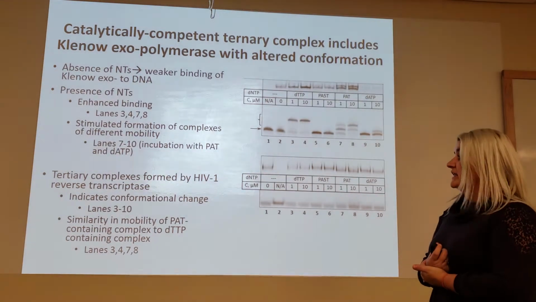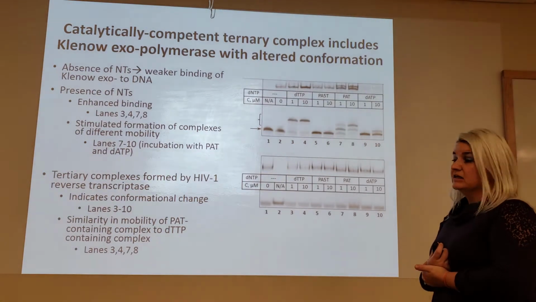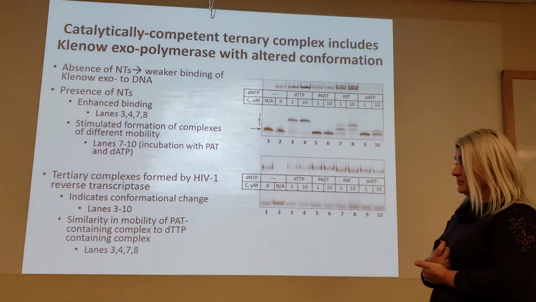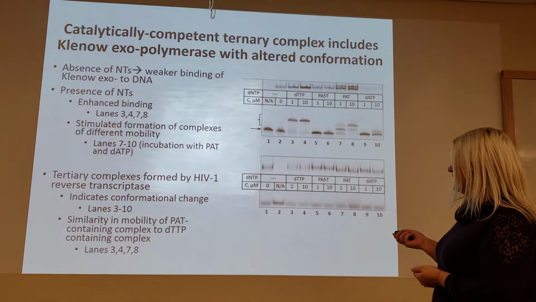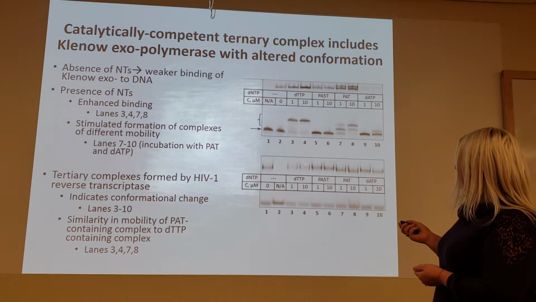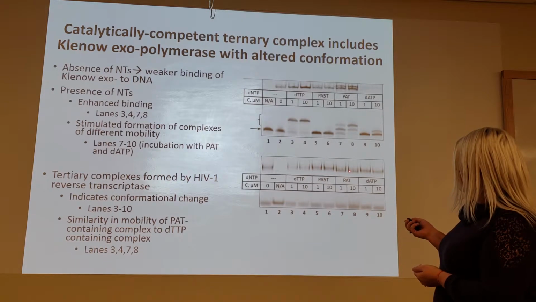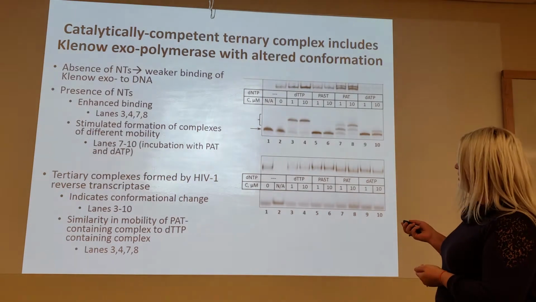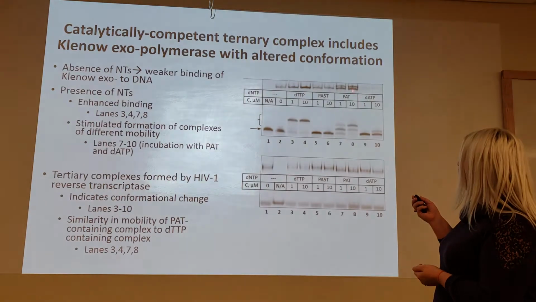There was some similarity in mobility of PAT containing complex to dTTP containing complex in lanes 3, 4, 7, and 8. So what you'll notice is that with PAT, their bands are darker as the dTTP indicates up here.